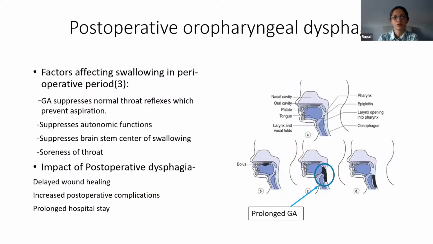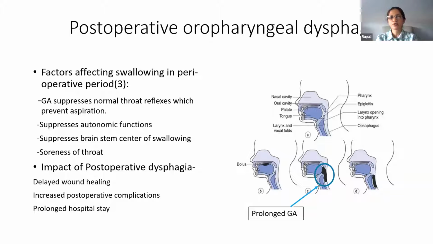Now, this is about postoperative oropharyngeal dysphagia. General anesthesia, especially prolonged general anesthesia, affects the oropharyngeal phase of swallowing, as general anesthesia overall suppresses the reflexes of the throat, and that can lead to less sensation in that region as well as aspiration.